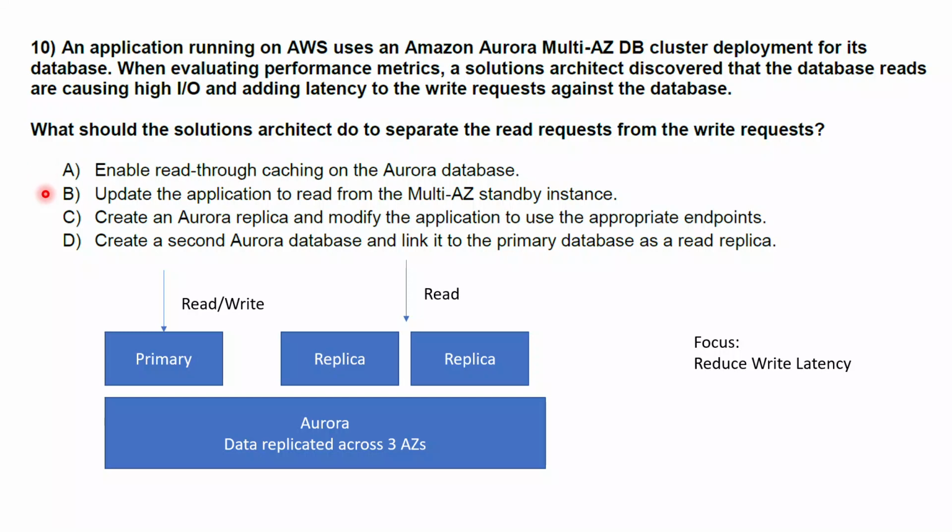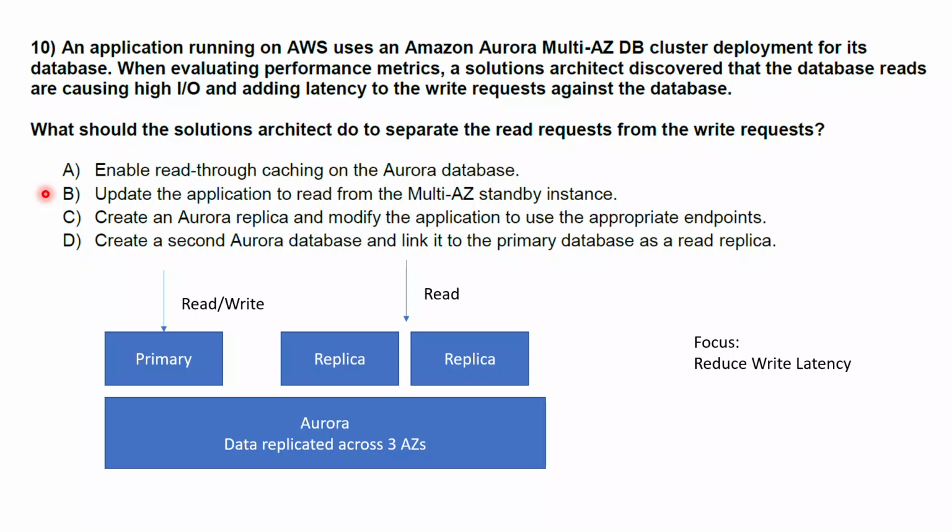And choice B talks about using a standby instance for reads. A standby instance is used only for high availability in a relational database. So we cannot just run a SQL query against a standby instance, because it is there for high availability, and what it means is when primary goes down, standby will be promoted as the new primary, and then we can fire SQL queries.